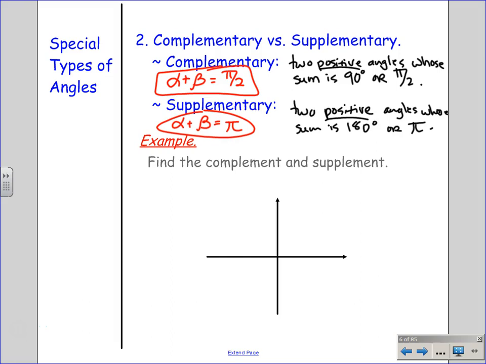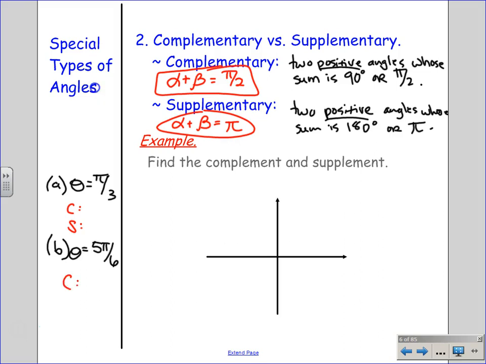So let's see. What if I was to give you something like, let me color code it. Let's do A. Theta is equal to pi over 3. We're going to do two different ones, looking for the complement and the supplement. I'm just going to put a little c and a little s. And then we're also going to do theta is equal to 5 pi over 6.